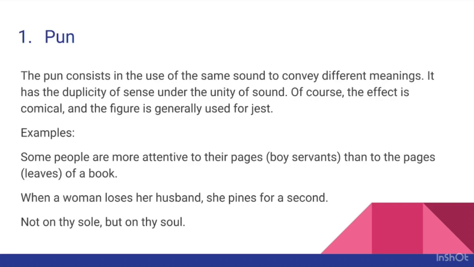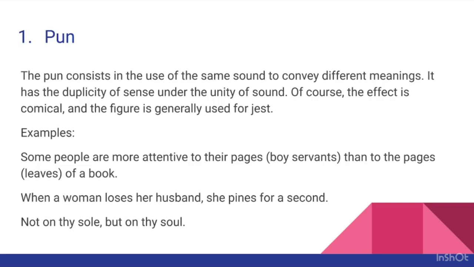The two words are also different; they are not the same like pages. The meanings are different, but the sounds are the same. The word sole, S-O-L-E, means the bottom of a shoe, while soul, S-O-U-L, indicates the indwelling spirit of human beings.